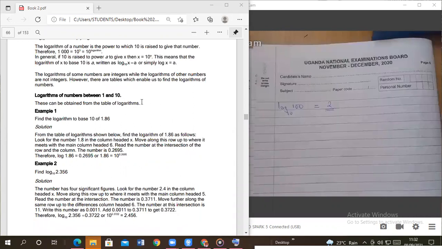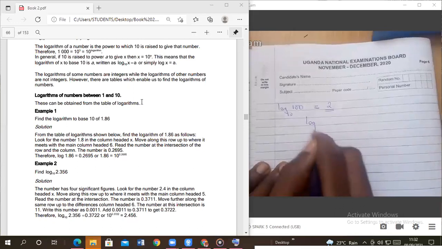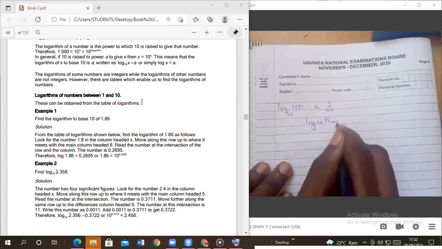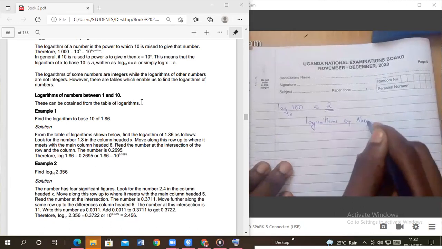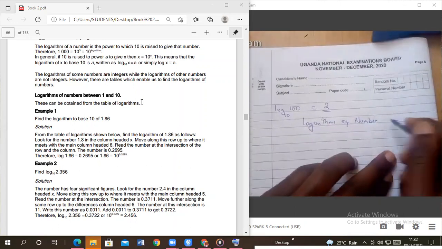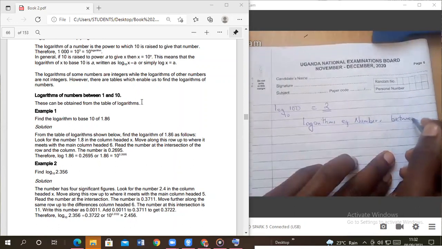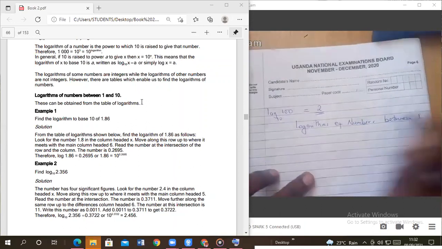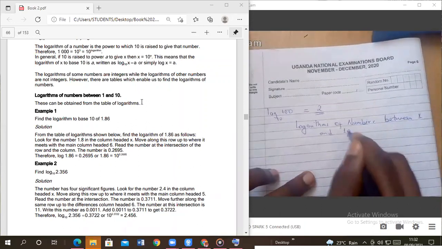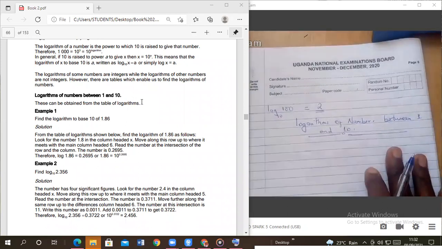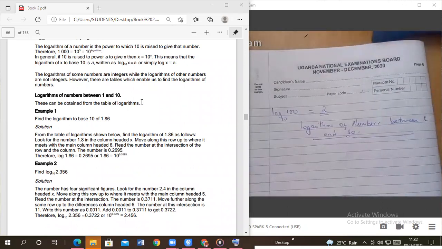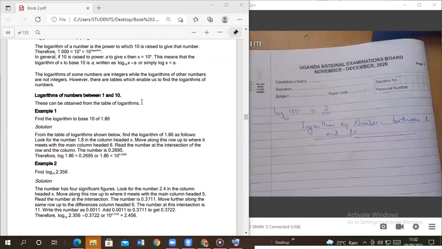Subheading: logarithms of numbers between 1 and 10. Like the question someone was asking, how do you get logarithm of other numbers?